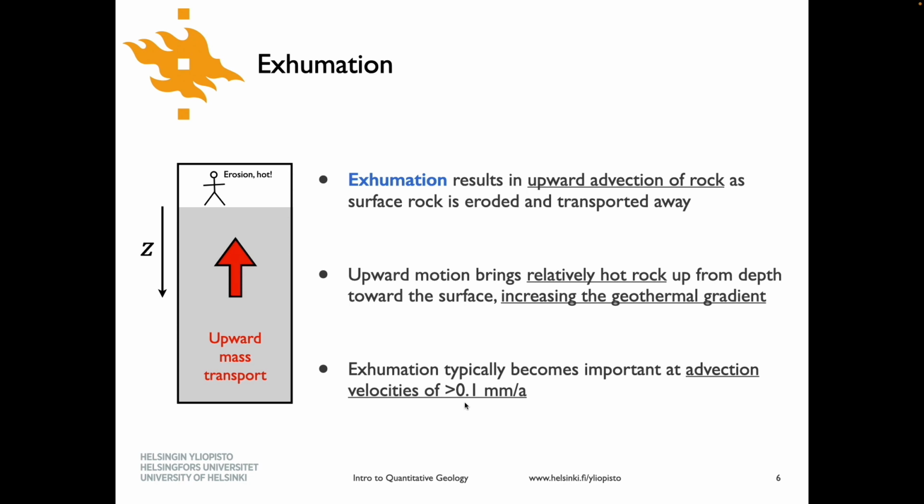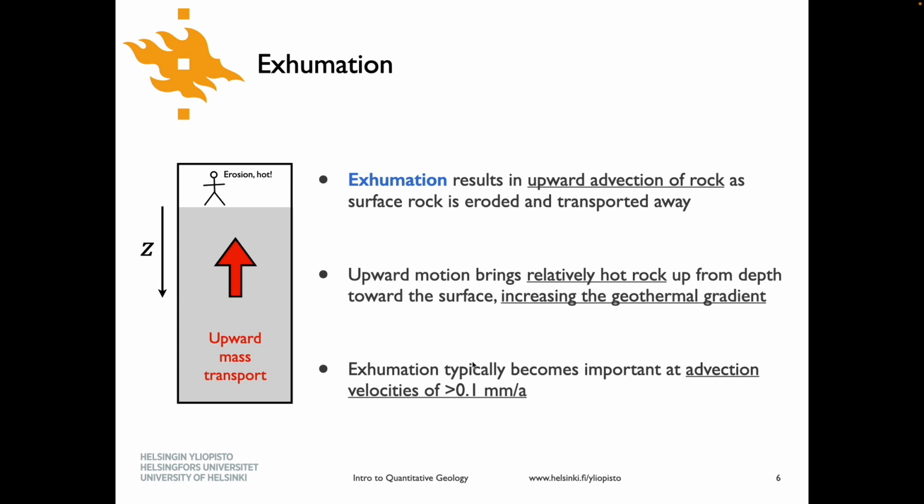There's probably some places where there's steeper parts of rivers where you might have locally faster rates of exhumation, but it's slowly exhuming for the most part in these kind of cratonic settings. But most mountainous places, you're going to have rates of exhumation that are faster, maybe on the order of a few millimeters per year, bringing mass up toward the Earth's surface.